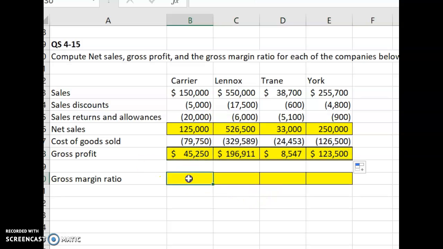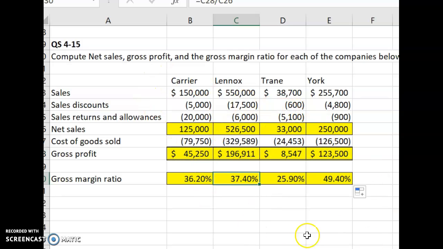To get the gross margin ratio, we're going to take that gross profit or gross margin and divide by the net sales. So the gross margin ratio for Carrier is 36.2 cents on the dollar that will go toward covering expenses and generating profit. Lennox 37.4, Trane 25.9, and York 49.4.